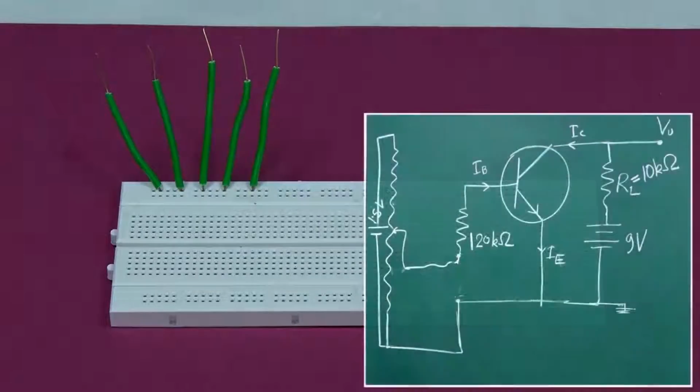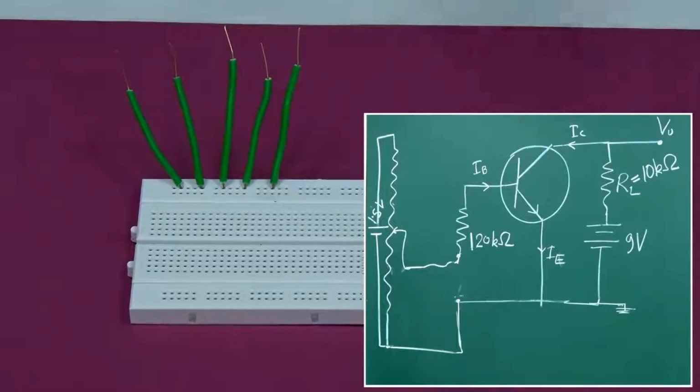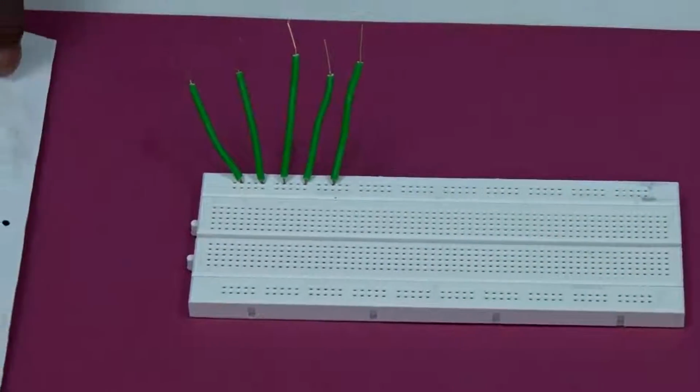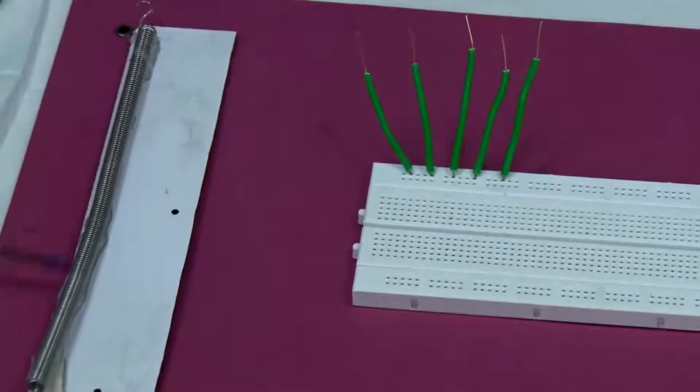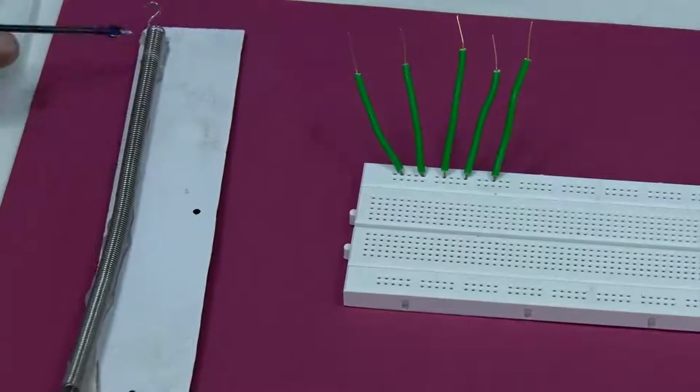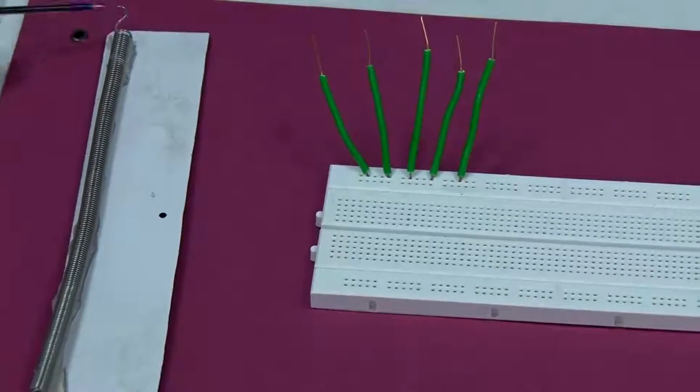So let us first construct the input side, with the 1.5 volt battery with heater coil to give bias to the base. Right, so this is that heater coil. On this we will be putting the 1.5 volt battery, positive here and negative here.